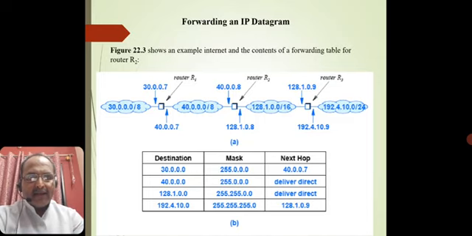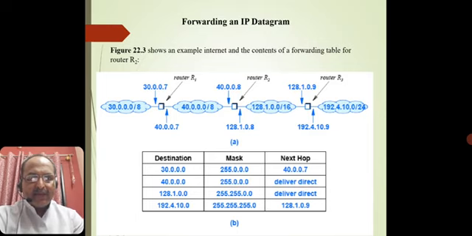And here is how forwarding of IP datagrams works in real transmission. Figure 22.3 in the referred textbook shows an example internet and the contents of the forwarding table for router R2.